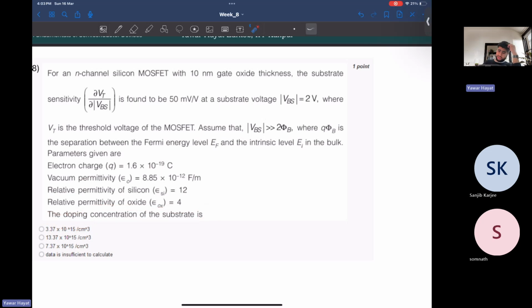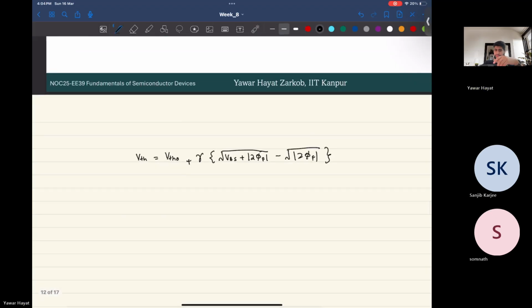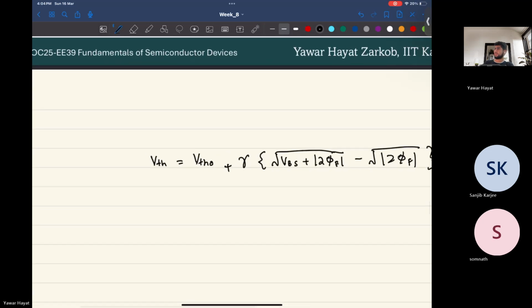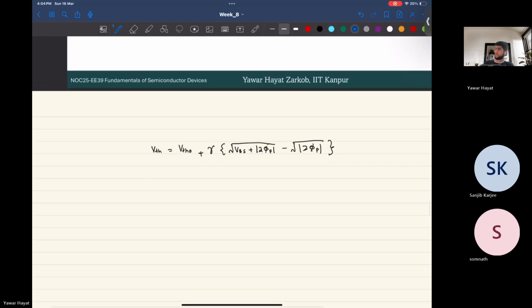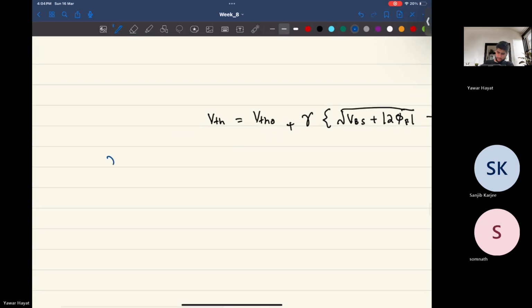So we have been given the value of the substrate sensitivity. What is this as an expression? Del VT over del VBS.